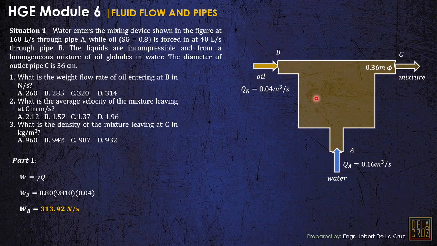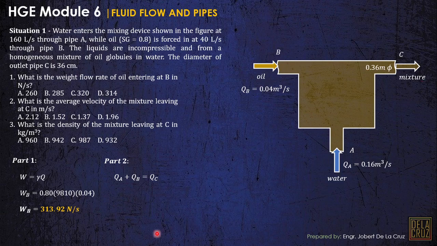Kumbaga, nag-mix talaga siya, no? That's why yung density here must be equal to the density dito. So we can simplify the thing here that QA plus QB must be equal to QC. Pwede natin gawin yan, no? QA plus QB is equal to QC. Again nga, it is incompressible. Okay? So we can have this one.